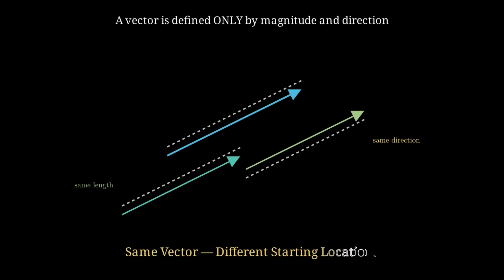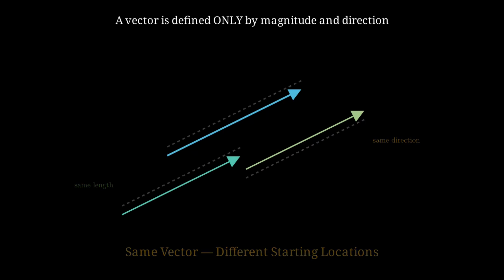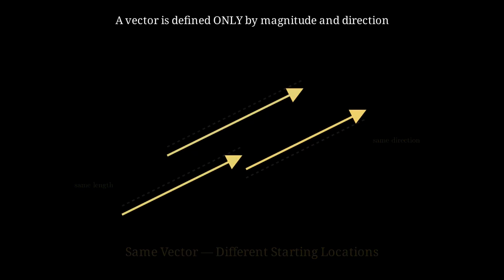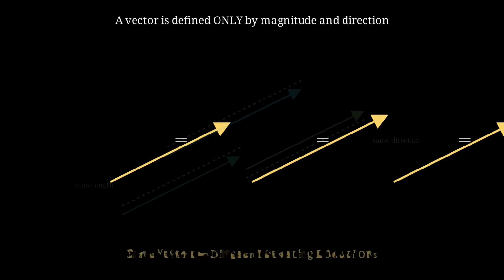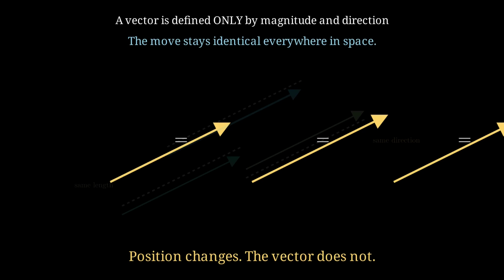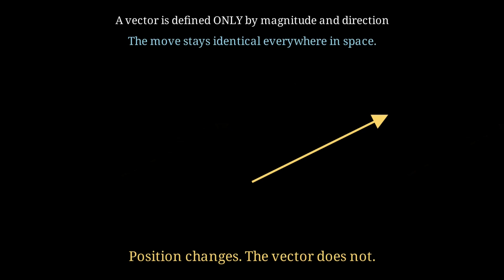They are the exact same vector repeated 3 times. Because the vector is the move, its identity is completely independent of its location. Whether you apply this instruction at the origin of a universe or at the farthest edge of a galaxy, the instruction stays identical. The move doesn't change. Now we face a structural challenge.